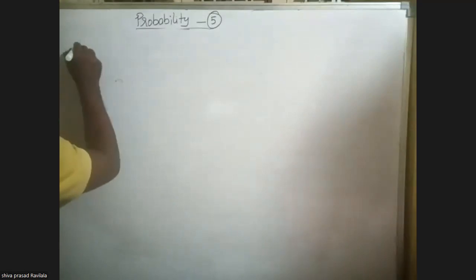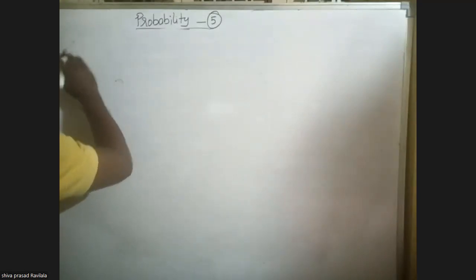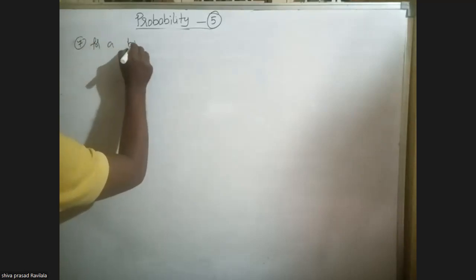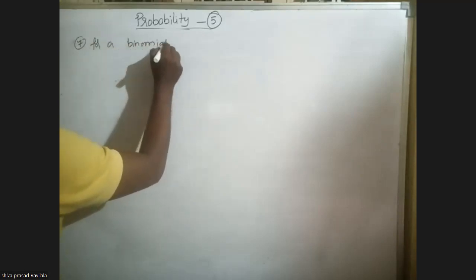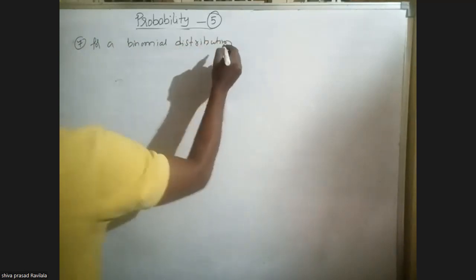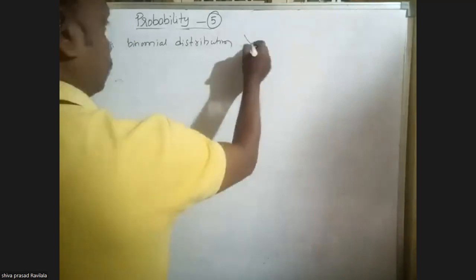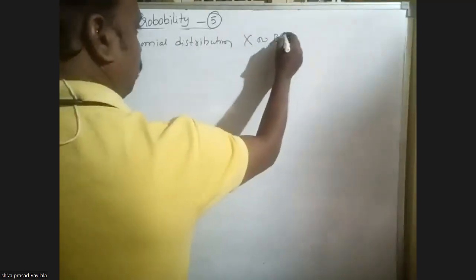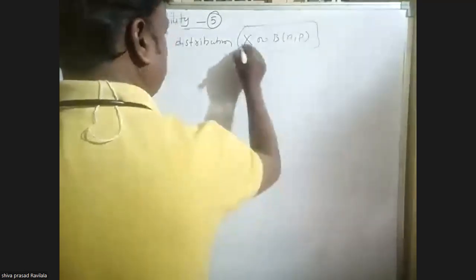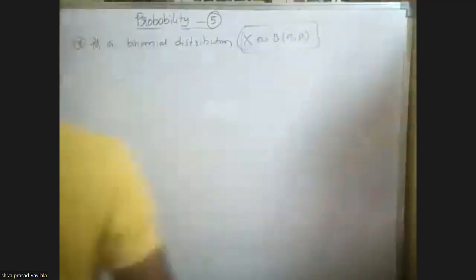See this. For a binomial distribution, they may give it like this also: X similar to b of n comma p, meaning binomial distribution with parameters n comma p.